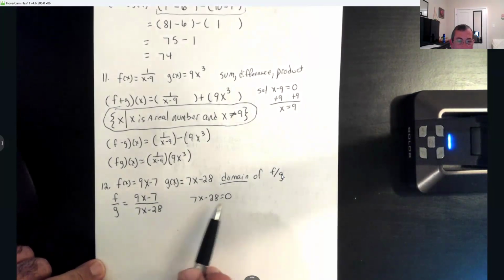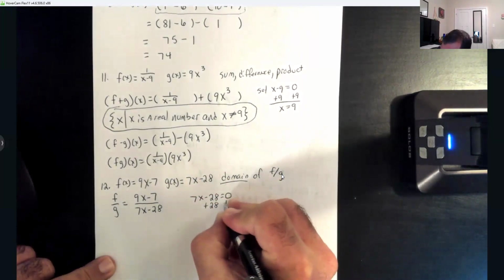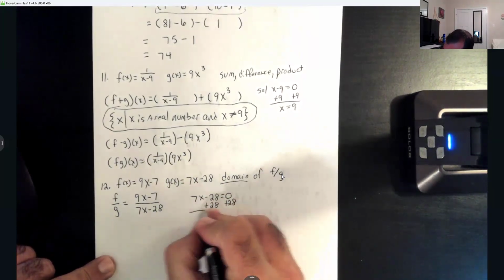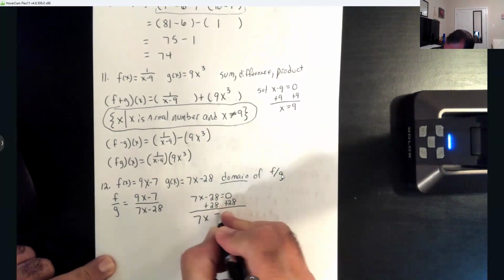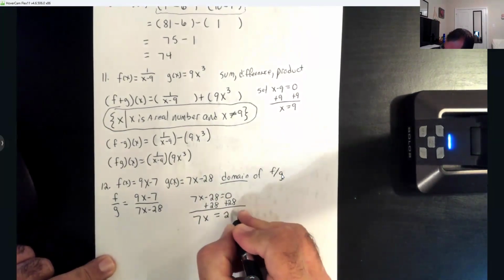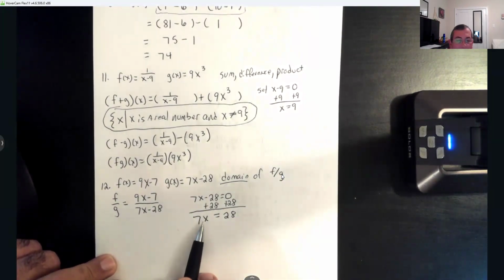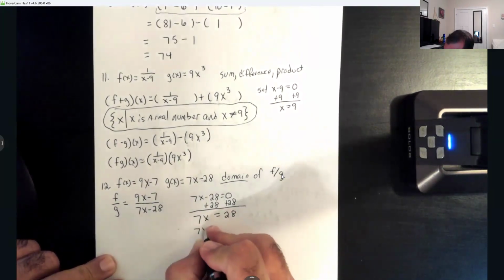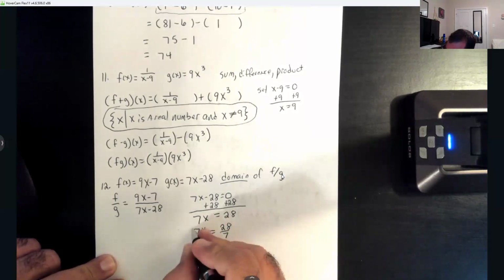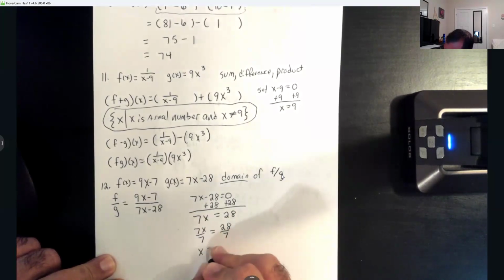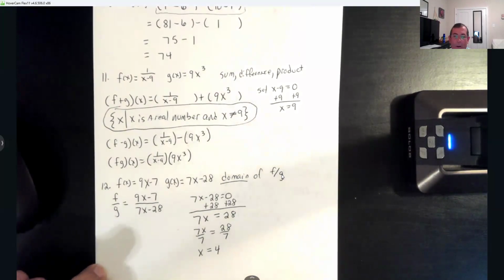So y'all on this one, let's see, we'll add our 28 first. So you're going to get the 7x. That's going to equal 0 and 28, which is 28. Divide both sides by 7 because we need to make that a 1x. So 7 divided by 7 makes that a 1x. And then y'all, 28 divided by 7 gives me a 4.